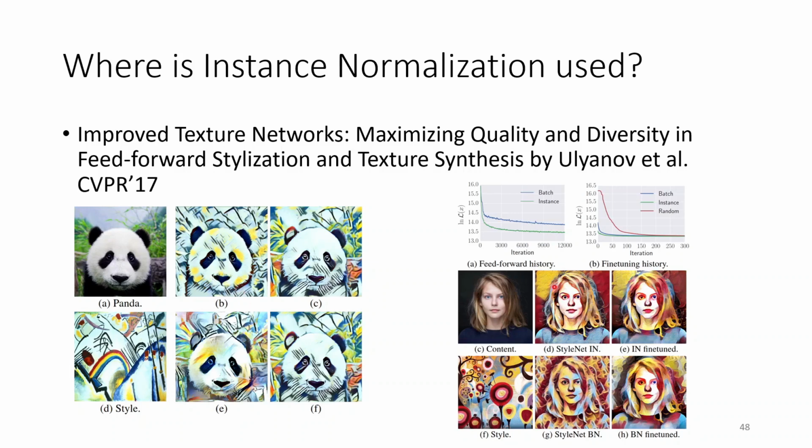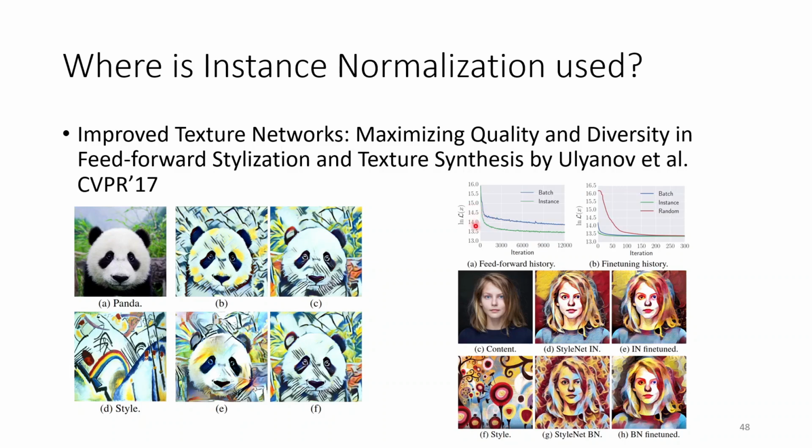This is another case, given the input images. Because they train their models from different architectures or reference images, they will generate a different output style. Let's see the two charts here. The blue line is the batch normalization, and the green curve is the instance normalization.